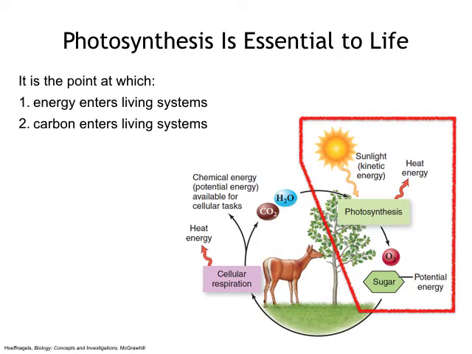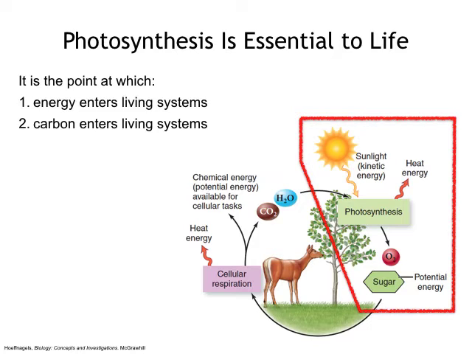It's used by plants to make glucose using photosynthesis. And then that glucose, that sugar, is eaten by other animals, which use it for cellular respiration to make ATP. And it releases CO2 and water in the process. And that CO2 and water is actually used by plants to do photosynthesis and make glucose.